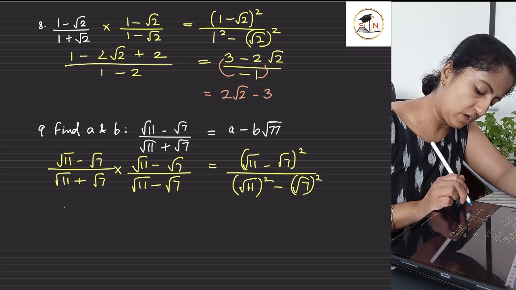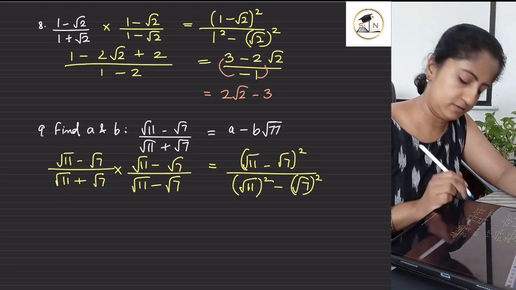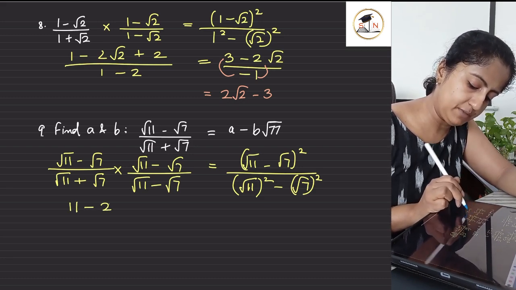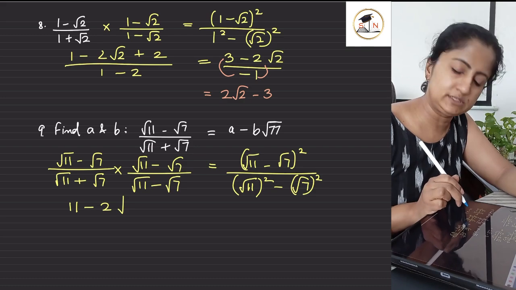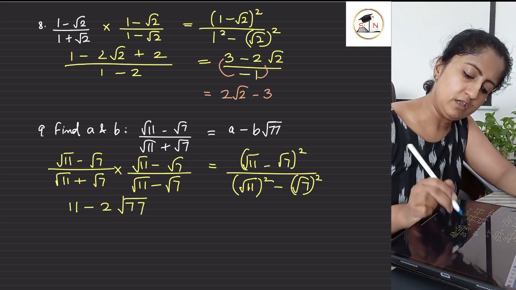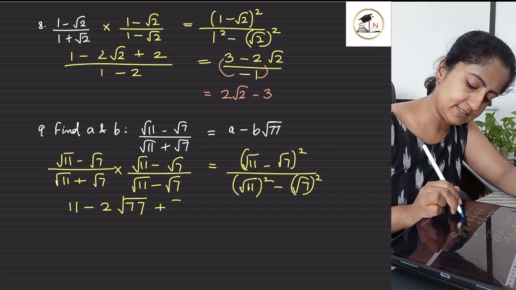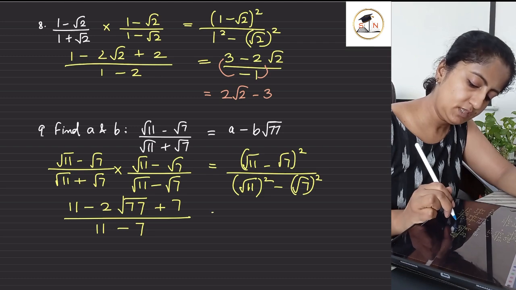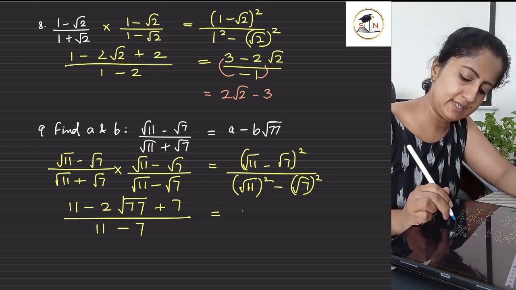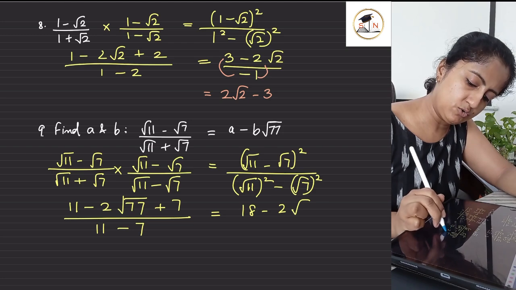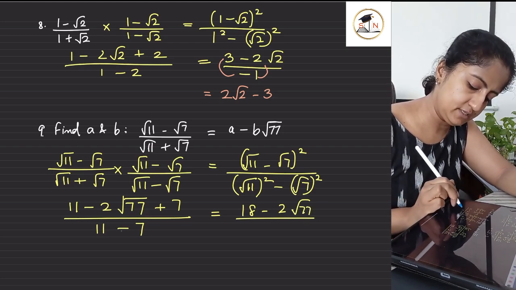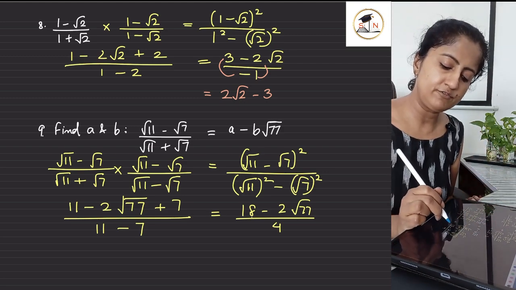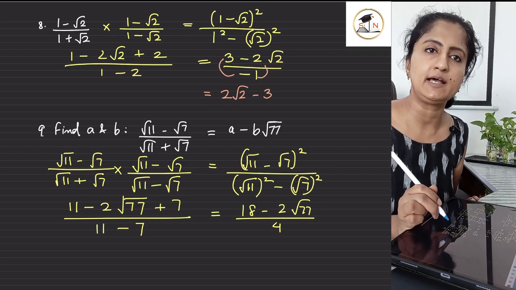So now in the numerator, we will apply a minus b whole square. So a square is root 11 square, which is 11, minus 2ab, that is root 11 into root 7, which is root 77, plus root 7 square, which is 7. So 11 plus 7 is 18 minus 2 root 77, divided by 11 minus 7, which is 4. Now, you can see that we have 2 as a common factor in the numerator as well as the denominator.